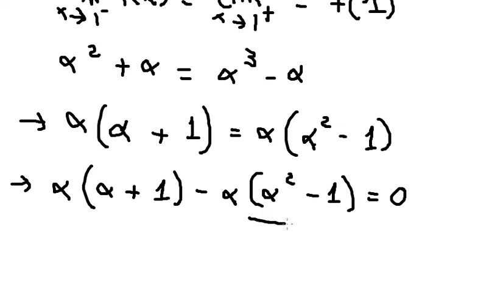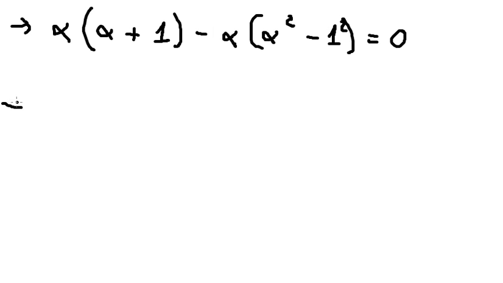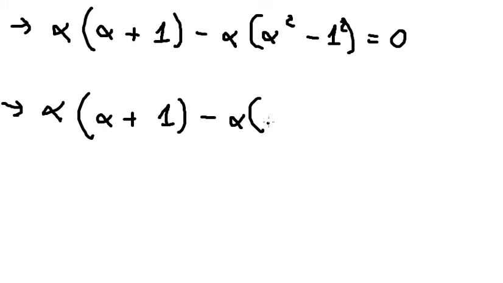Now we can use identities here. Number 1 is 1 squared. So this one we have alpha minus 1 and alpha plus 1.